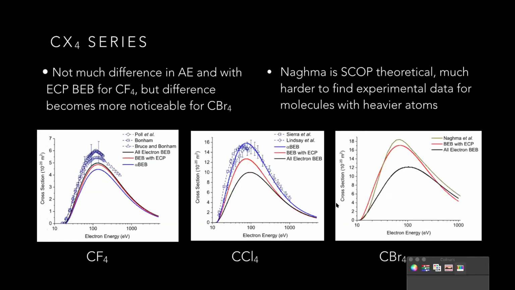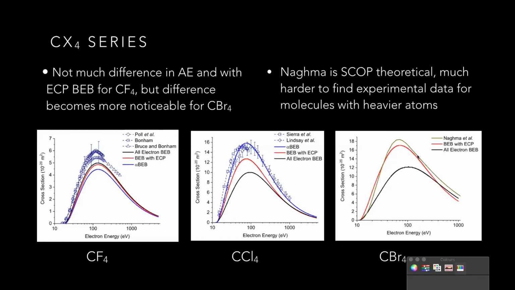And similarly, we looked down the series where there's carbon and different group 7 elements. So fluorine, chlorine, and bromine on the right. And again, one of the things that we notice is there's not very much experimental data to compare with by the time we get to bromine in the periodic table, which is disappointing.